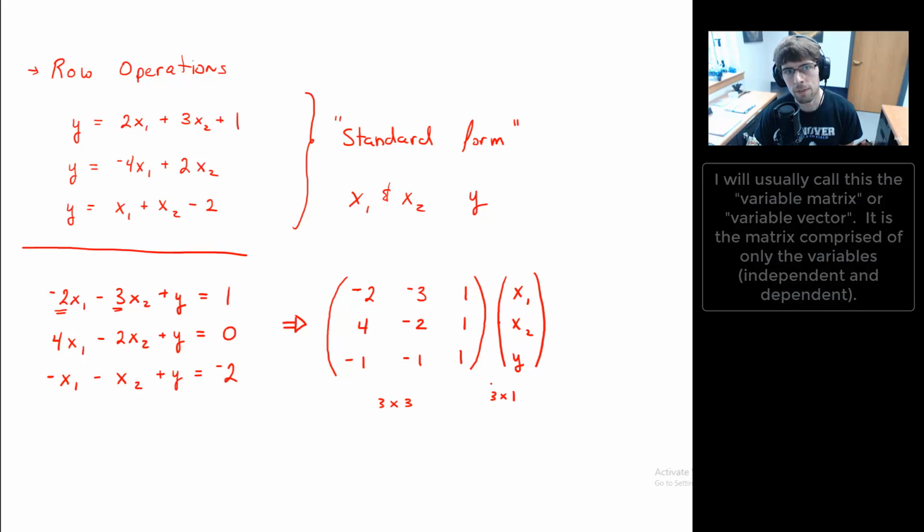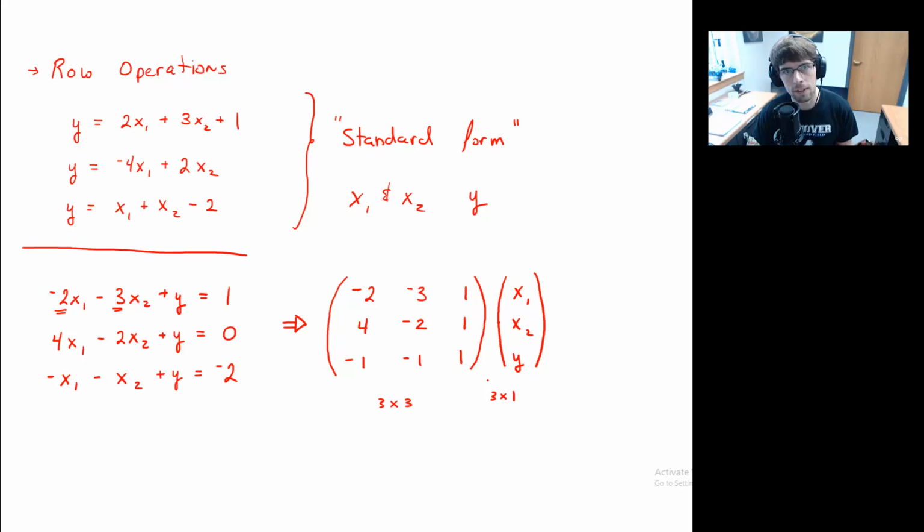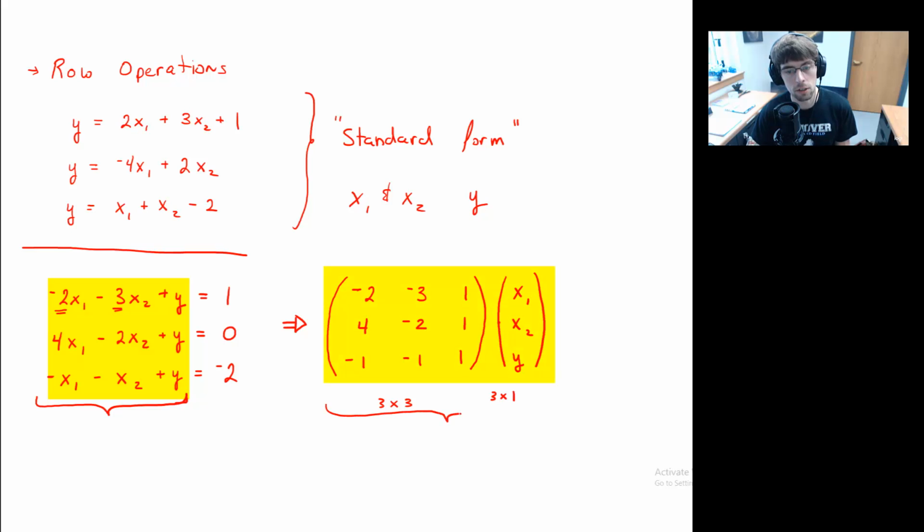Now, pause the video for a second. Convince yourself, using the ideas of matrix multiplication, that the left side of these three equations is equal to the multiplication of these two matrices together.